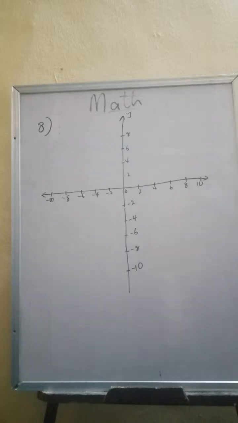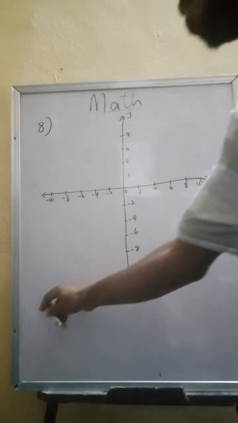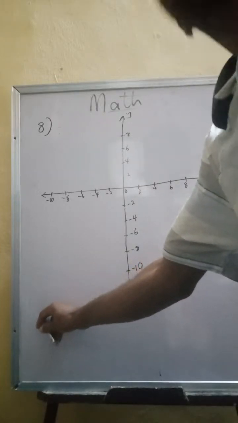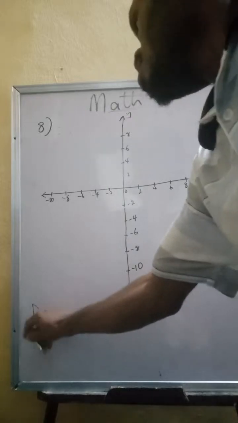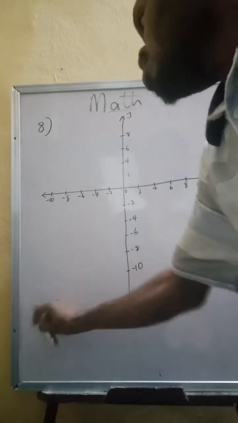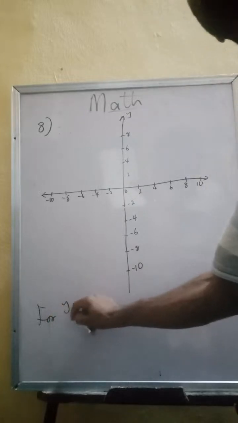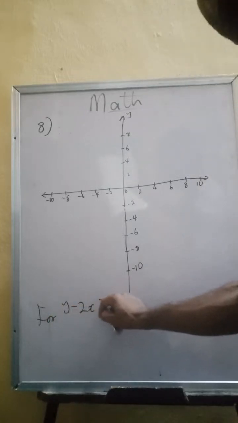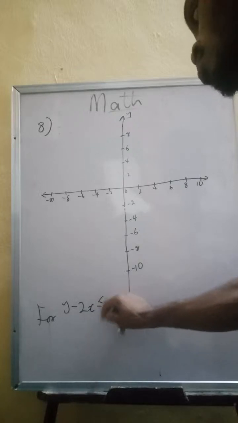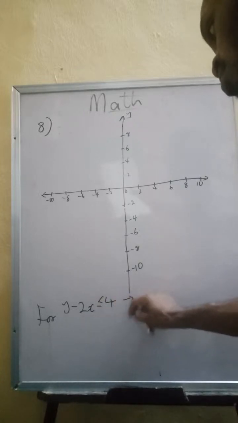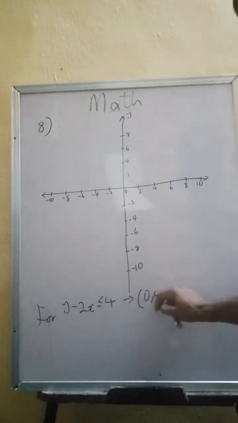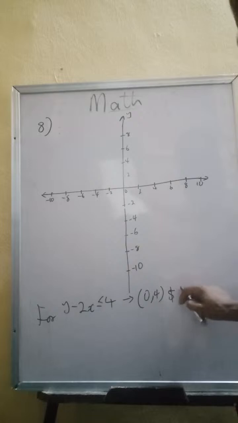Okay, so the first inequality which we made an equation to get a line, you have the 2 points. For y minus 2x less than or equal to 4, the points are 0, 4, and -2, 0.